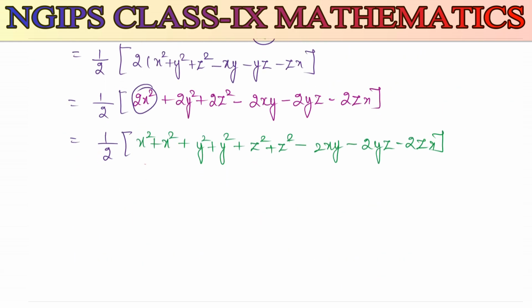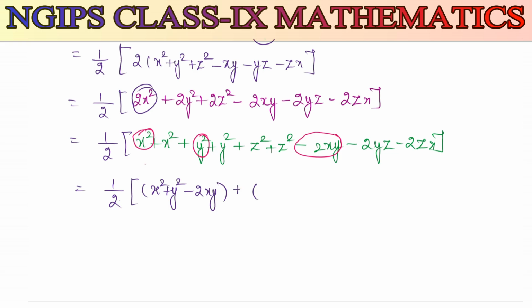We have here 2xy, right? So I am going to take one x square and one y square. When you group here, we will get 1 divided by 2 into x square plus y square minus 2xy. Next, plus, I am going to take yz.